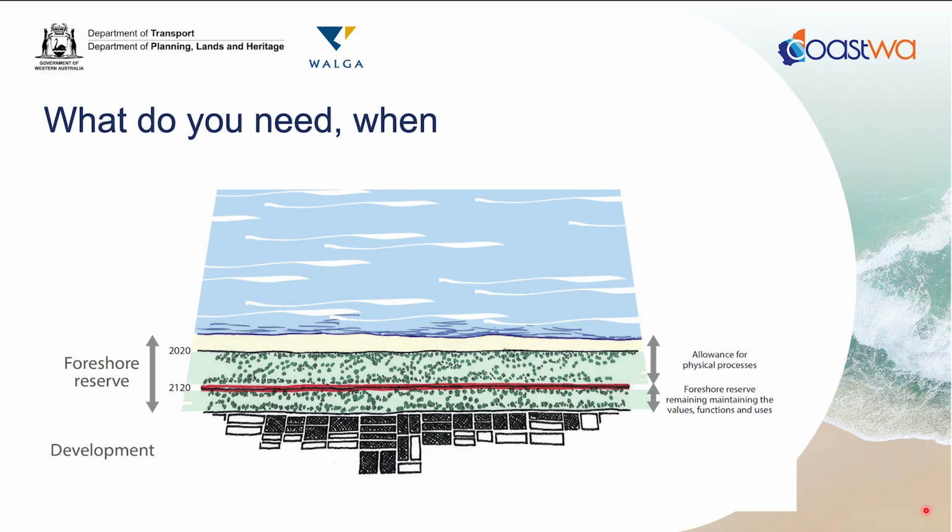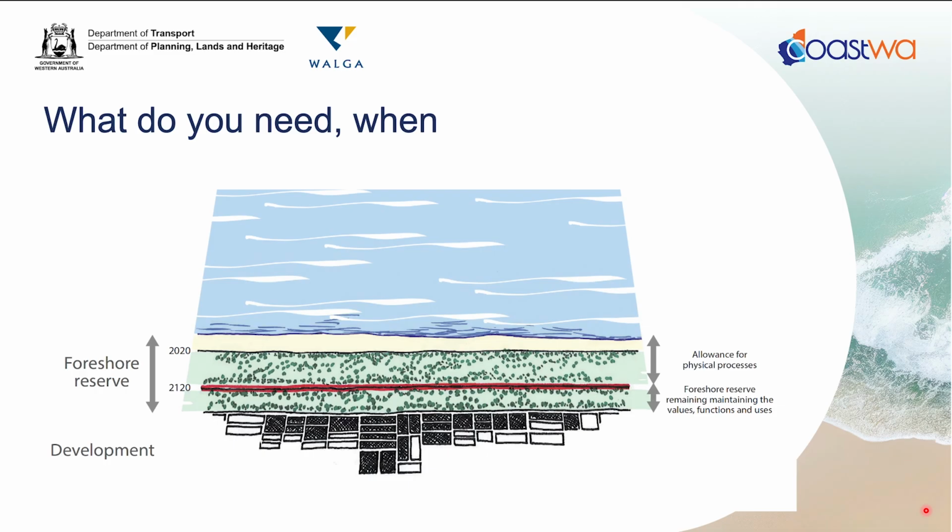And this is the image that's taken straight from the guidelines, just showing the foreshore reserve giving space for that 100-year physical process setback, and then a remaining foreshore reserve to allow for continued use and enjoyment, with development quite a way off into the future before it's impacted.